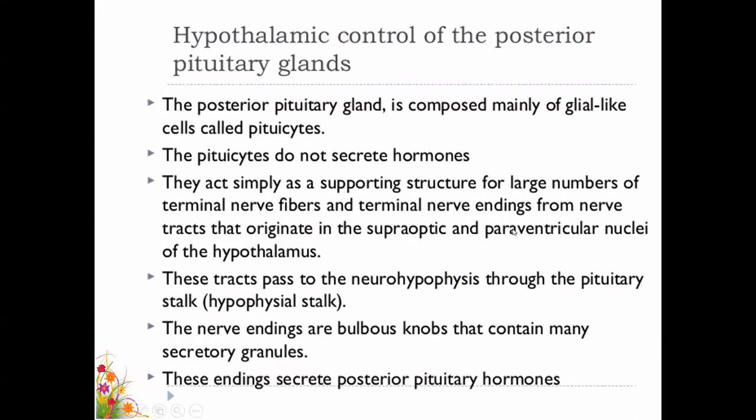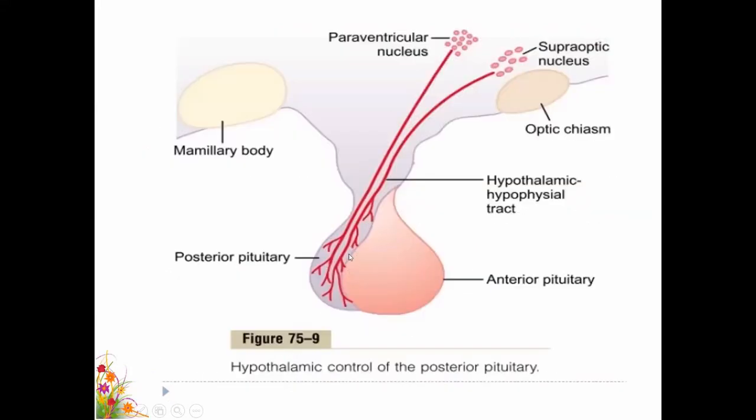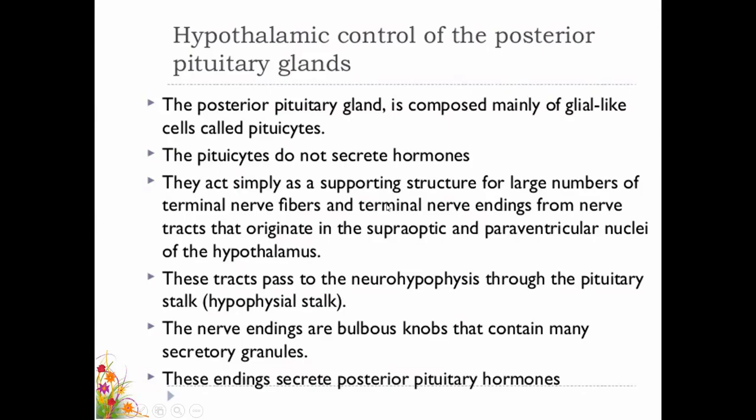These nerves, originating from these cells, pass through the neurohypophysis, and the nerve endings are bulbous knobs that contain many secretory granules. And these endings secrete the posterior pituitary hormones.